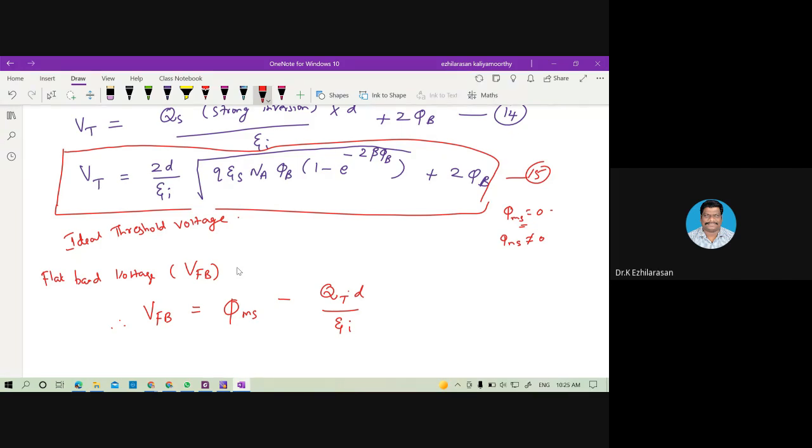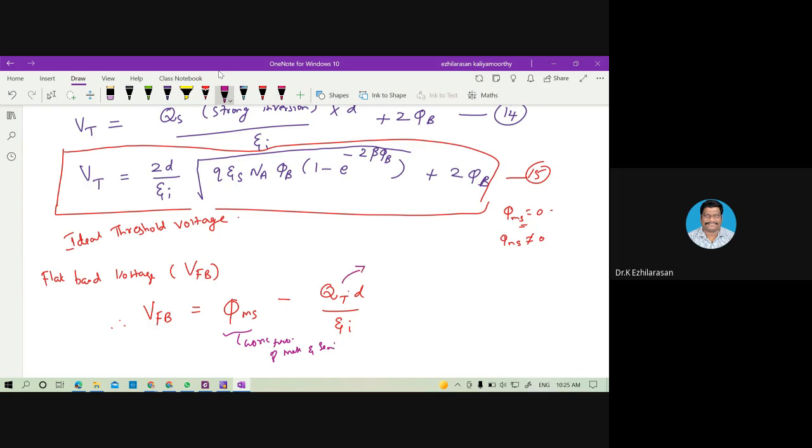Here, phi ms is nothing but the work function difference between the metal and the semiconductor. Then what is Qt?